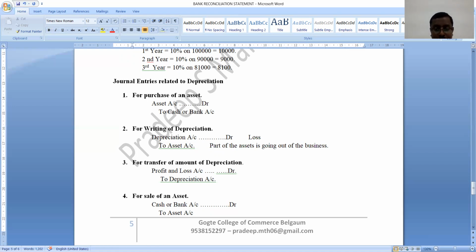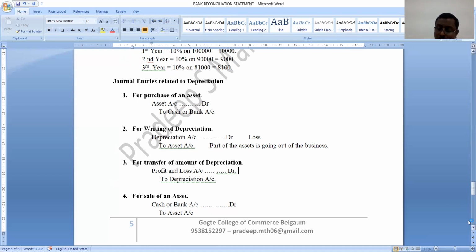Keep in mind, depreciation is a loss and it must be recorded on the debit side of profit and loss account. So the journal entry for transfer of the amount of depreciation is profit and loss account debited to depreciation account.